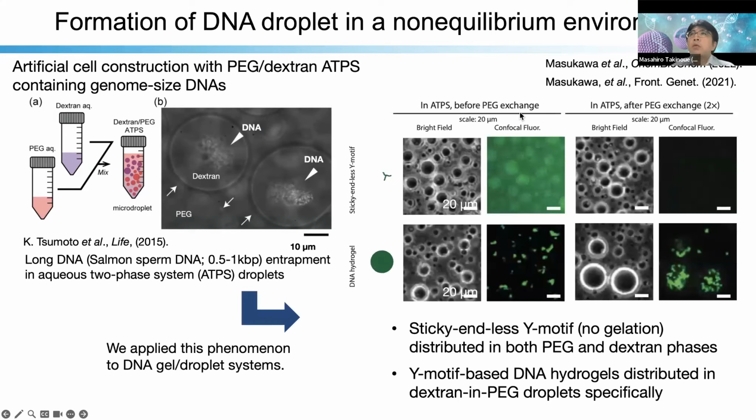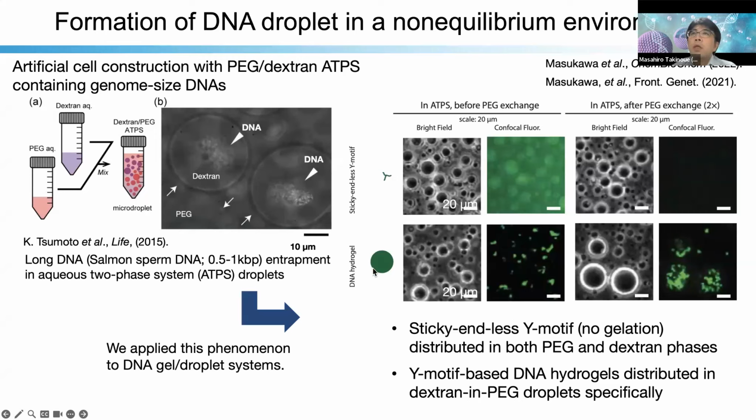So we similarly use the PEG and dextran ATPase system, and we introduced two types of DNA. The first one is a Y motif without sticky ends. It doesn't make DNA gel or DNA droplet. So in this case, this DNA is dispersed homogeneously in the PEG phase and the dextran phase too.